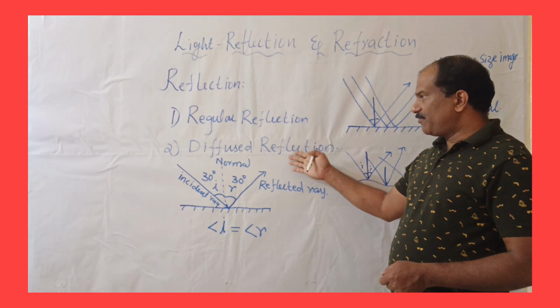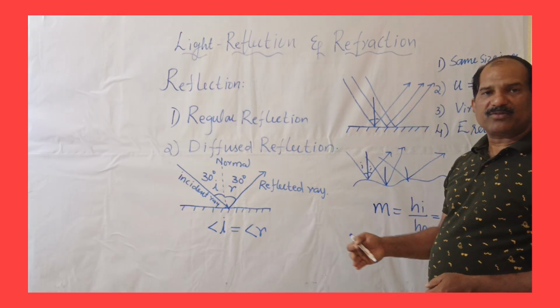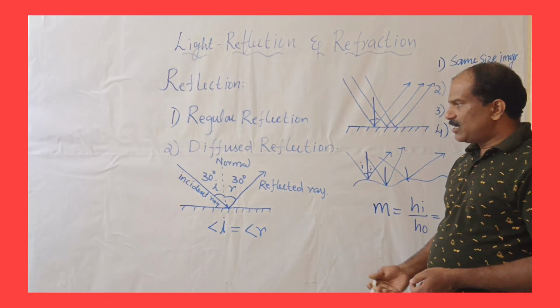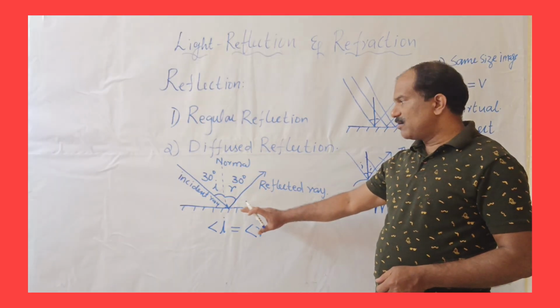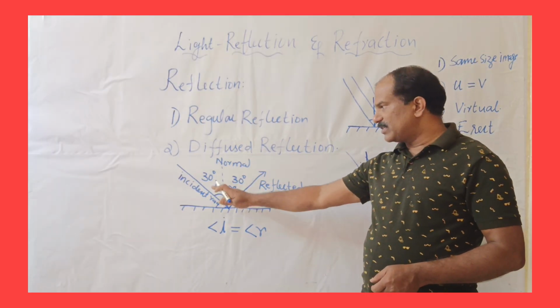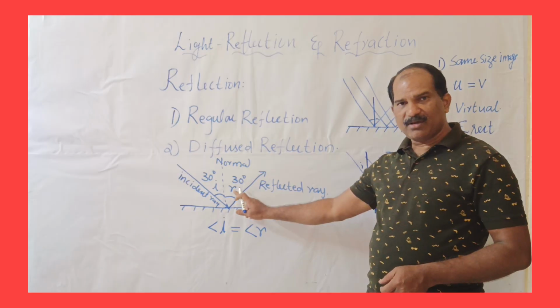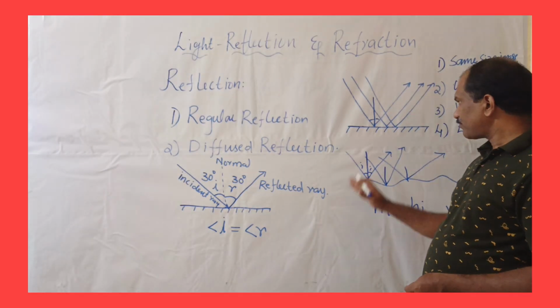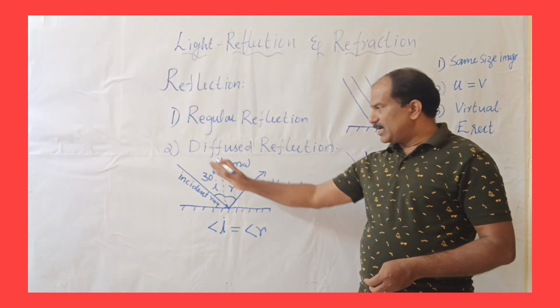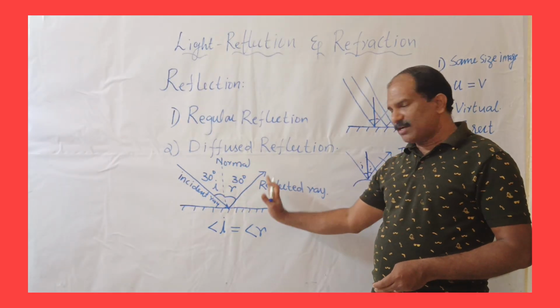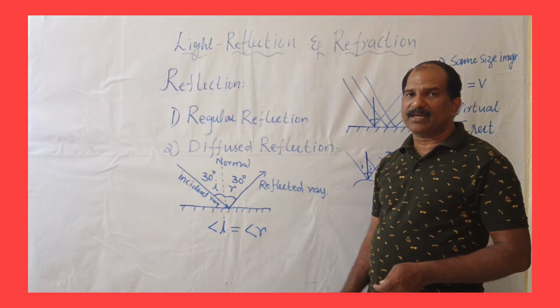Because of diffused reflection, we are able to see objects. We also learned that there are two laws of reflection. The first law is that the angle of incidence is equal to the angle of reflection. The second is, what about its plane? The incident ray, the normal, and the reflected ray all lie in the same plane.